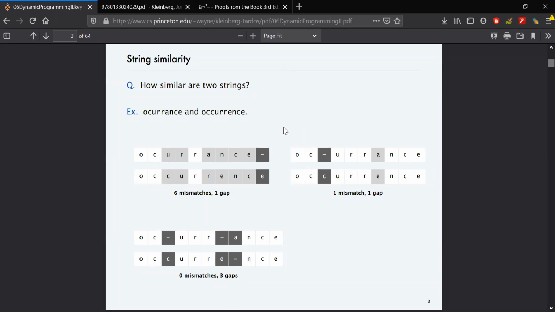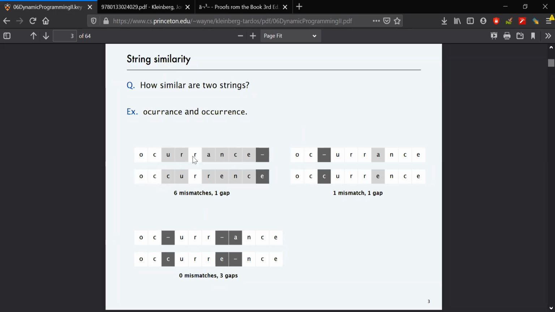Let's first take some examples. You're given these two strings. One is the string occurrence, and the other is a misspelled version of occurrence. You want to say how similar these are. Here are three tries in this slide.